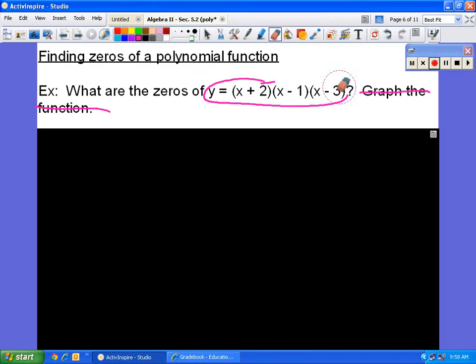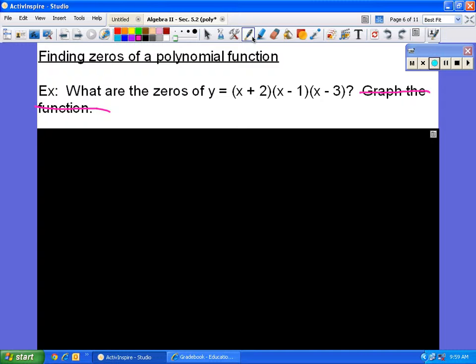Okay, so the two ways are take each binomial factor and set it equal to 0 and solve for x. The easier way is whatever the values are inside the parentheses, the x value that makes it 0, in other words, the 0 is the opposite. Good.